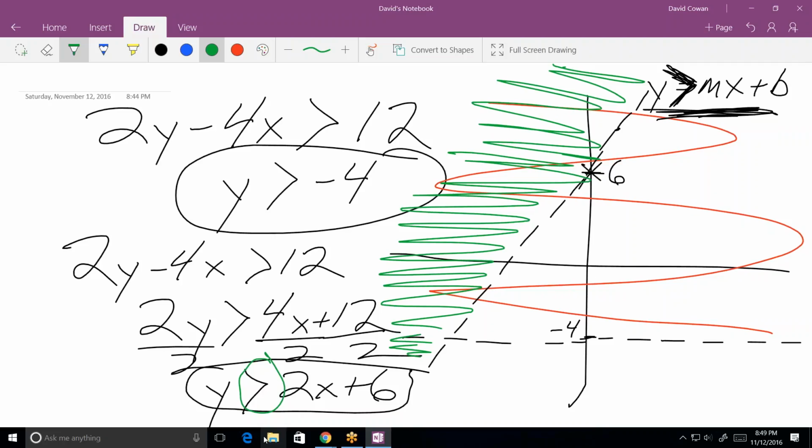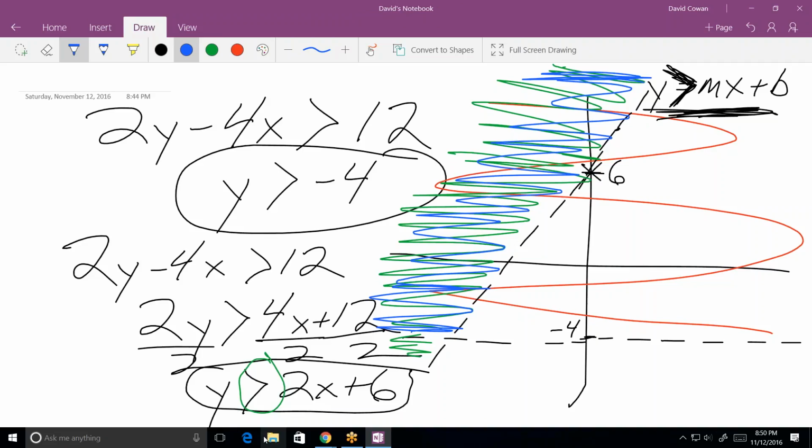Okay? Well, now I have the region that is in common. Well, let's see. What region is it? It's this area here. That is greater than minus 4 and greater than that line.